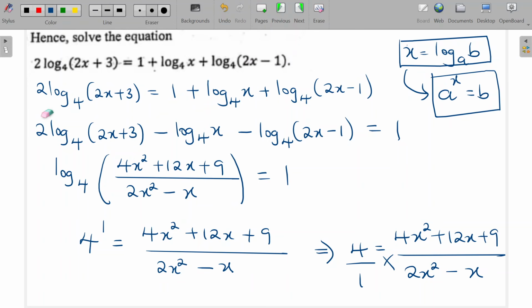All right. So now let us test those two solutions. When I plug in negative half on x, I'm going to get negative 1 here. Then negative 1 plus 3 will be positive 2. So in here I have a 2.